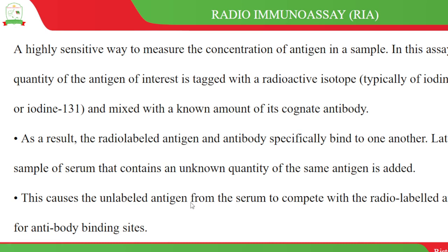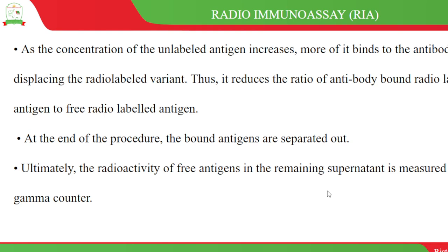This causes the unlabeled antigen from the serum to compete with the radiolabeled antigen for the antibody binding site. Once you pour in that sample, it will be able to displace the antigen you had put in before. How much of the antigen has been displaced will give you the conclusion about your results.